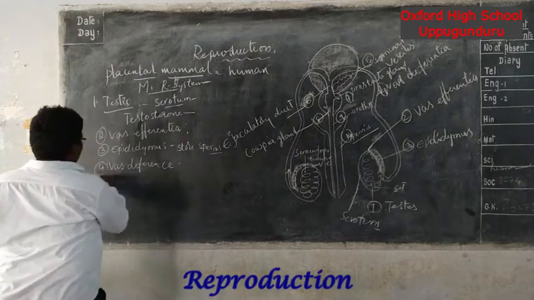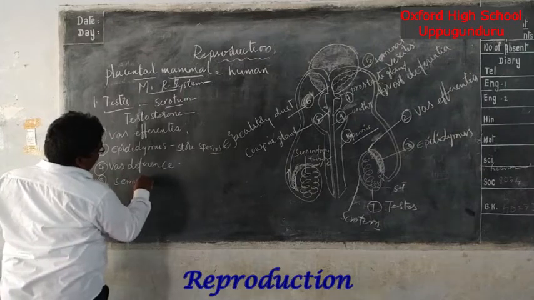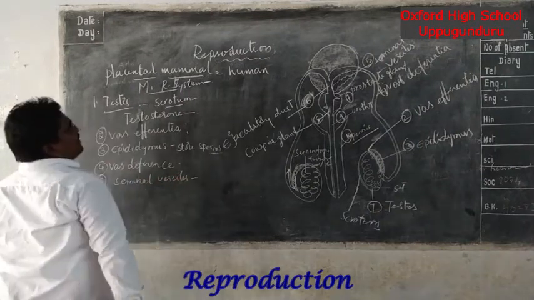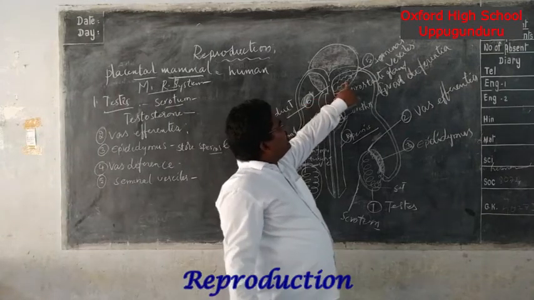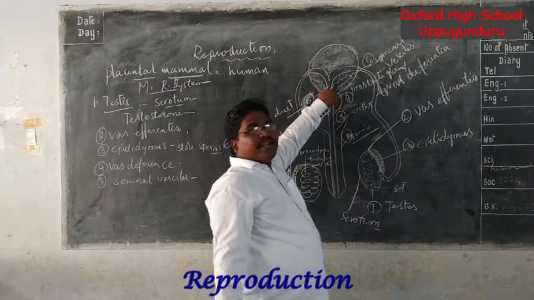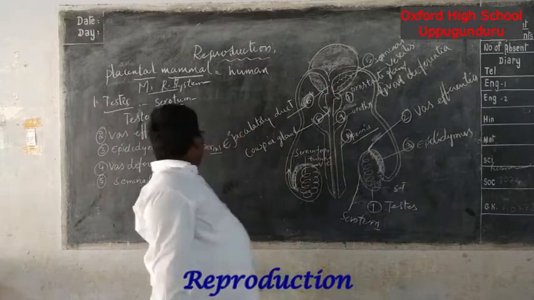Fifth one, seminal vesicles. Seminal vesicles open into the vas deferens. They secrete a fluid.